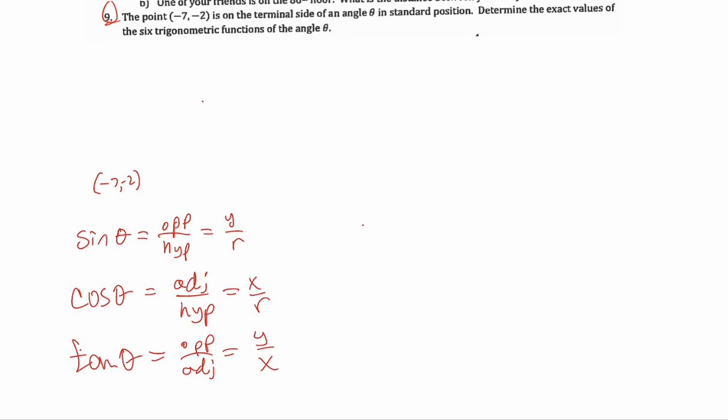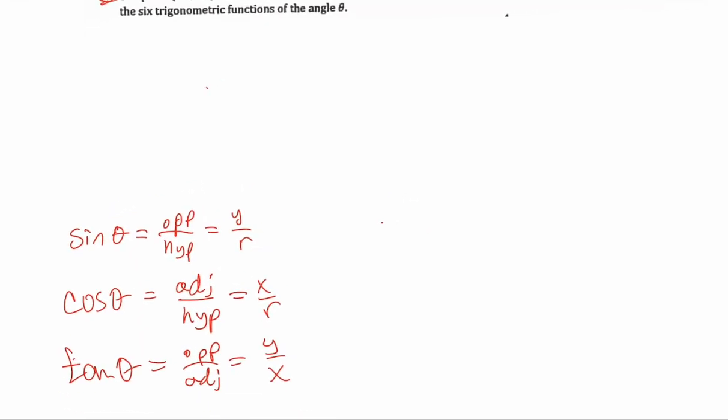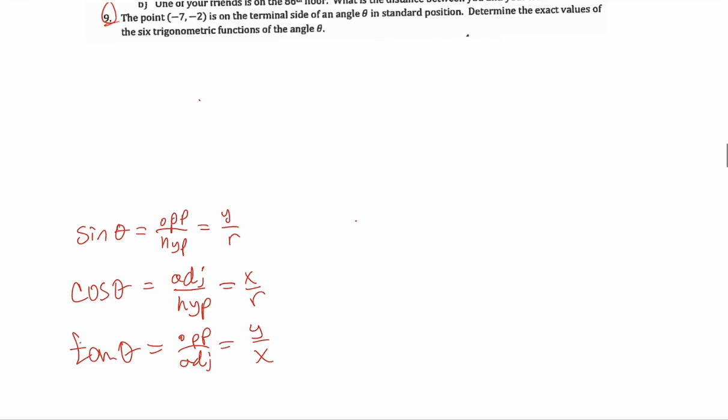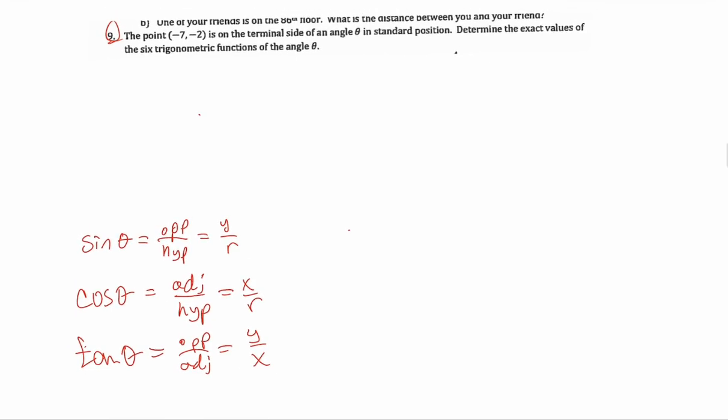Okay. So, we have done these in so many different ways, and we keep coming down to the same exact thing. For this problem, you are going to make your xy axis. You are going to the point -7, -2.